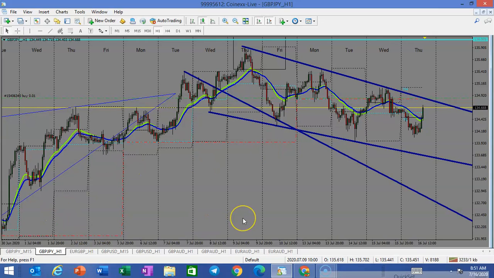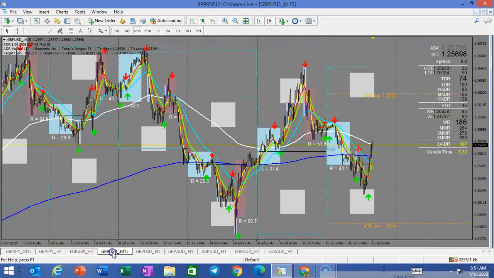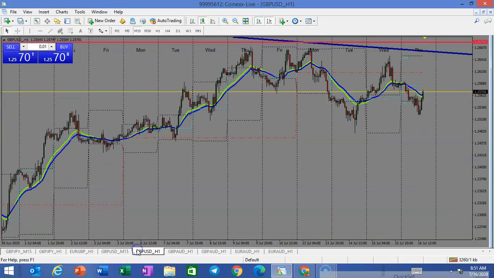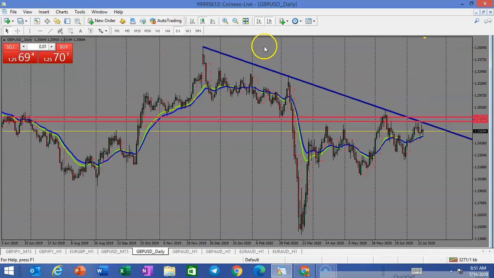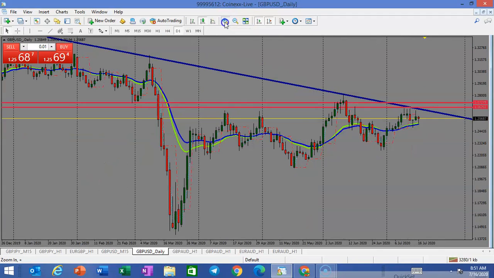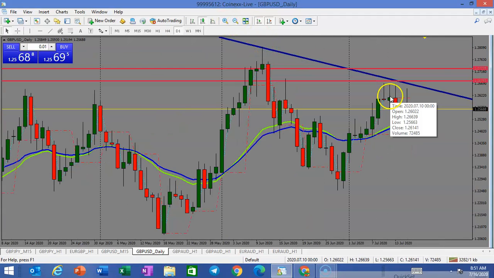I also think it will reject only because GU is right at its weekly trend line. Like it hasn't touched it for me. That's why I'm kind of like, you haven't touched it. You're just close by. So that's the only thing that's giving me pause.